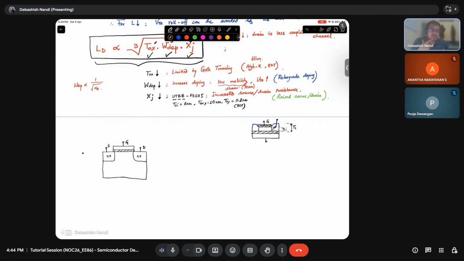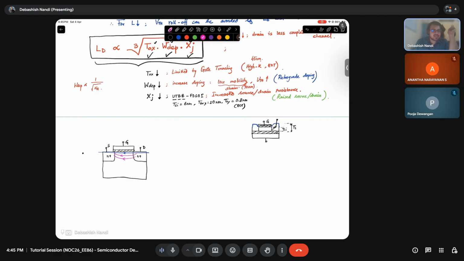What we have been considering so far is that current is flowing just at the interface, right? But this is not true actually. Current will flow in a spread fashion in this vertical direction due to quantum mechanical effect. Okay, because your inversion charge centroid is not at the interface but it is somewhat lower, deep into the bulk.